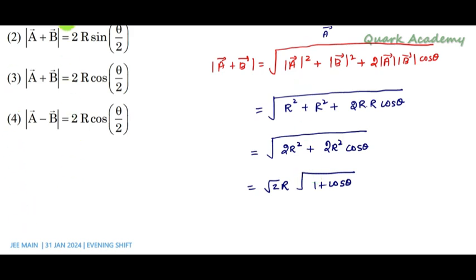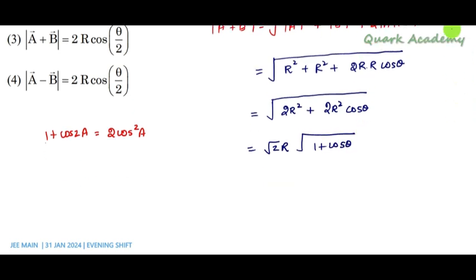We can use another trigonometrical identity, that is 1 plus cos 2a, which is equal to 2 cos squared a. So here 2a is this theta. So if I substitute it, it will become 2 cos squared theta by 2.